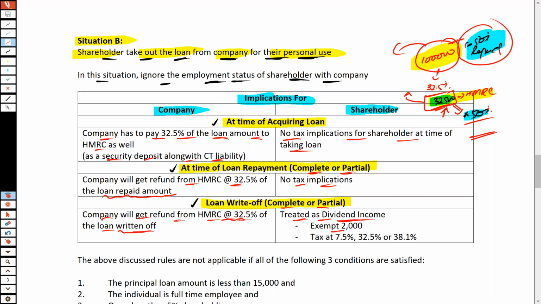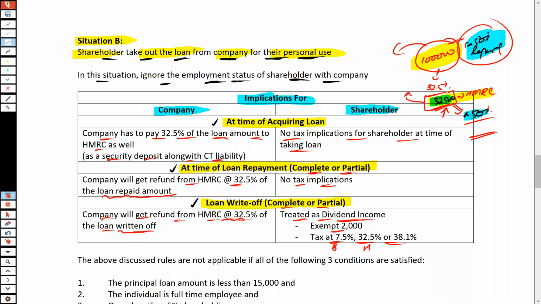So the first 2,000 is exempt, and any dividend income more than this 2,000 would be taxed at 7.5%, 32.5% or 38.1% according to the taxpayer status of the person. If a person is a basic rate taxpayer, he would be paying tax at 7.5%.